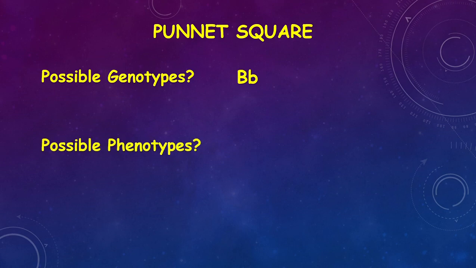Then, what are the possible phenotypes? Remember, genotype is the specific alleles that you have inherited. Phenotype is the physical outward expression of this. If these are the potential genotypes, what are their fur colors going to be? This is where we use words to describe what's going to happen. They are all going to have black fur, because remember, we are dealing with the law of dominance.